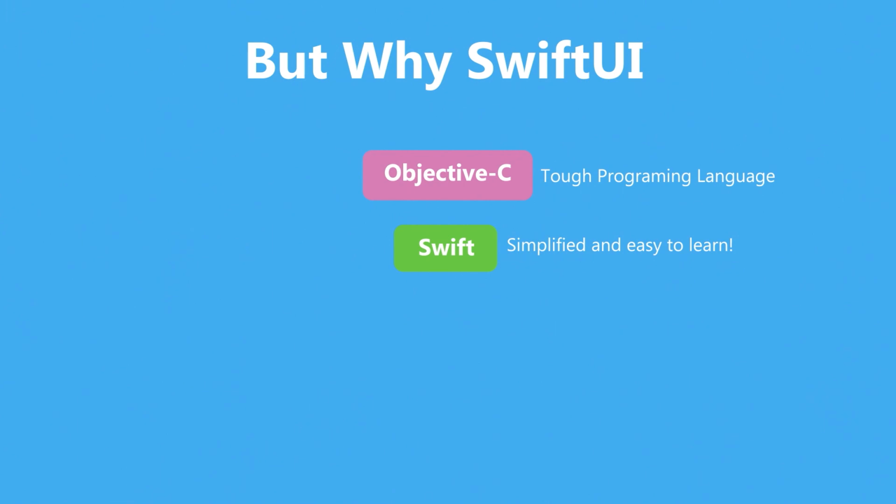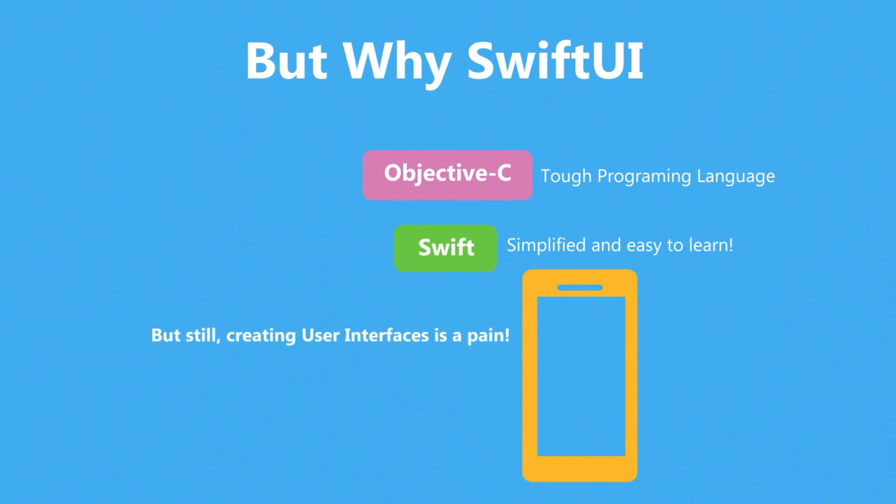All was good. Now, the thing that you have to realize also, in order for us to build anything for the Apple ecosystem, you would have to, of course, put together some sort of user interface. And traditionally, creating user interfaces is really, really hard, even though we have the Swift language. The reason why is because the way we create user interfaces in the Apple realm is that we use the Xcode IDE.